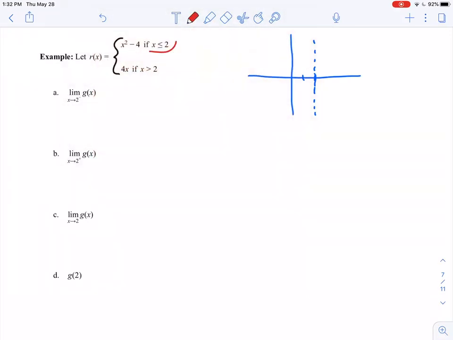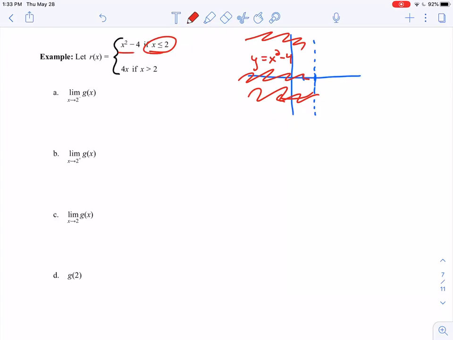And so for x less than or equal to 2, those are values that are over here, right? All of these values on this left-hand side are defined by x squared minus 4. So this is defined by y equals x squared minus 4 over here on the left-hand side. That's this whole area right here.